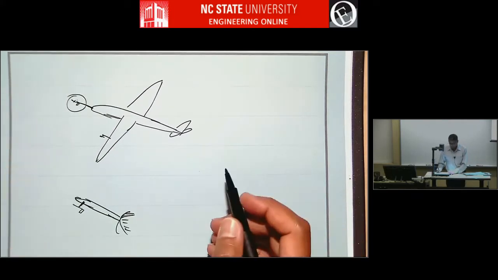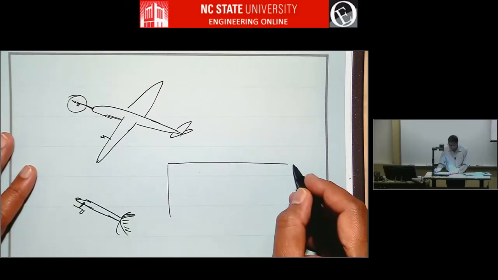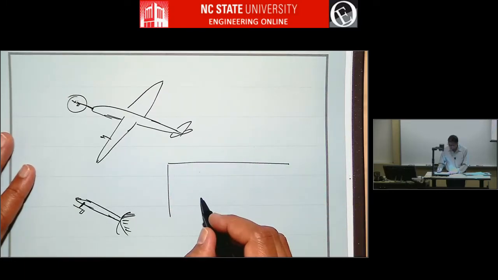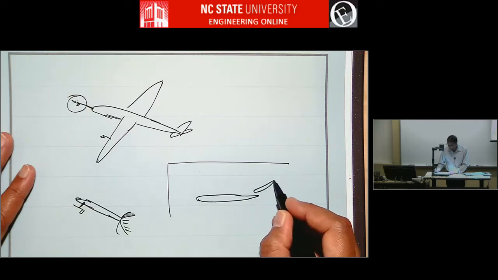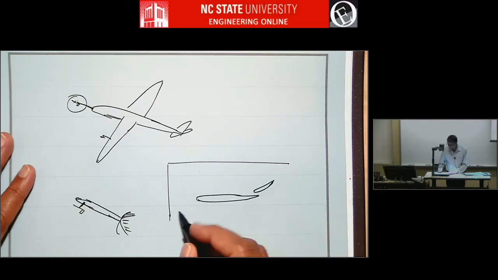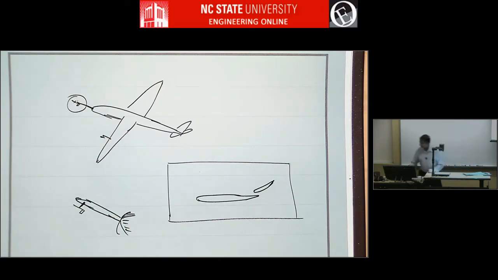So some people, like in a race car wing, there was somebody who actually suggested something like this. Race car wings have end plates. Let's say this is a race car wing and this is an end plate. Let me show you what I'm talking about.